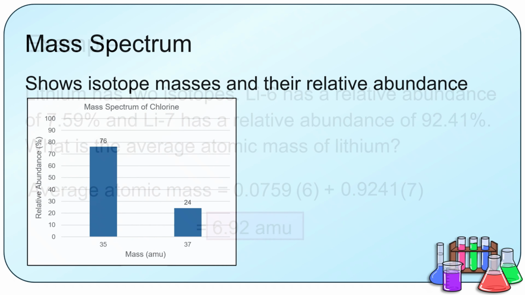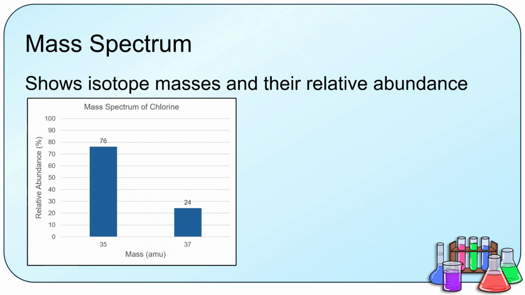Now let's get into mass spectrums. Sometimes you won't get the isotope masses and relative abundance written out in a sentence. Instead, you'll be given a graph showing the isotope masses and their relative abundance, like this, and this is a mass spectrum. It's important to know that each bar is an isotope. When I look at this mass spectrum, I see that there are two bars, so there are two isotopes.